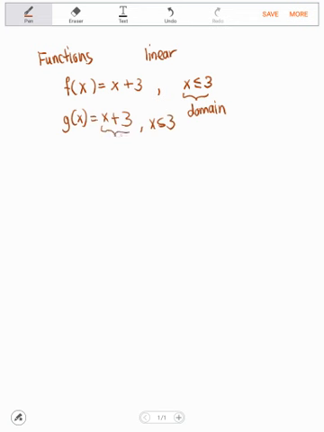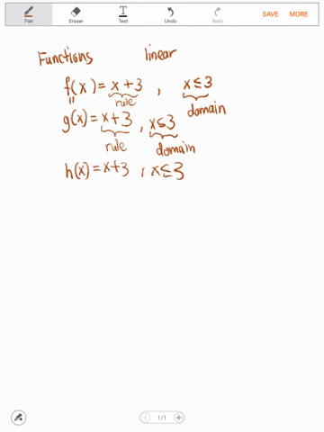This part of the function we call the rule, the rule of how the function should behave, and this part is the domain. As long as the domain and the rule of the function are the same, they are the same function. So I can call it f(x), g(x), or give it any alphabet. They are essentially the same function.